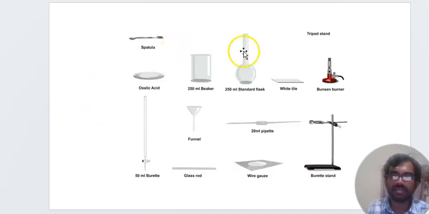Then we need a spatula, and then oxalic acid, a 250 ml beaker and a 250 ml standard flask, a white tile, a Bunsen burner, and you can see 50 ml burettes, funnel, glass rod, wire gauze, 250 ml pipettes and burette stand.